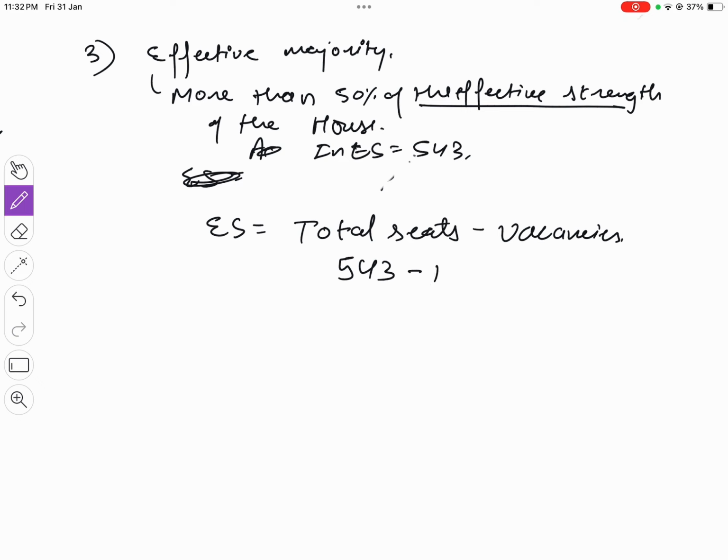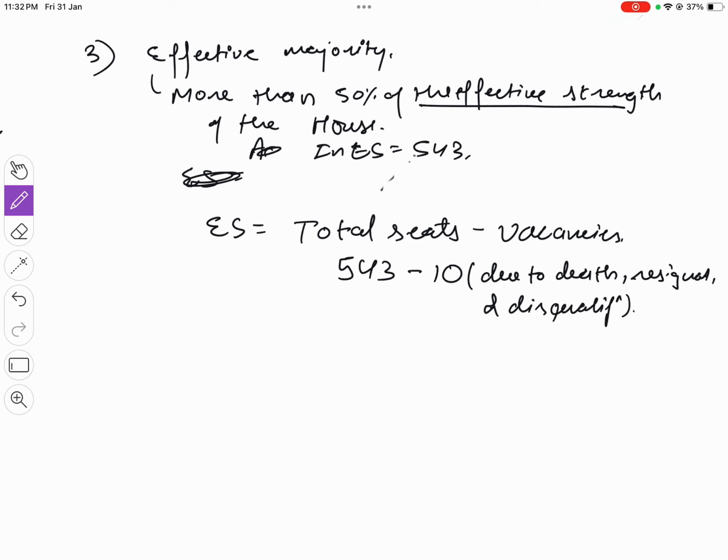Suppose that we have 10 vacancies, and there is one more condition here. Vacancy due to death, resignation and disqualification.